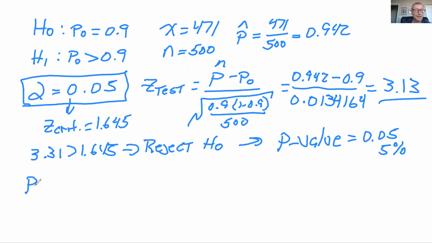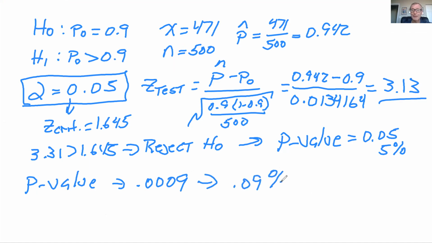And so the p-value of 0.0009, or if you did percentage, it's only 0.09%. So you could see that 0.09% is way less than 5%. So again, by the right tail idea here, we reject the null hypothesis.